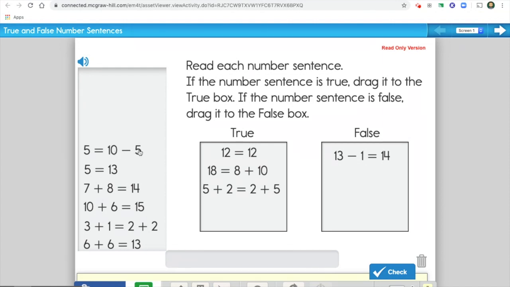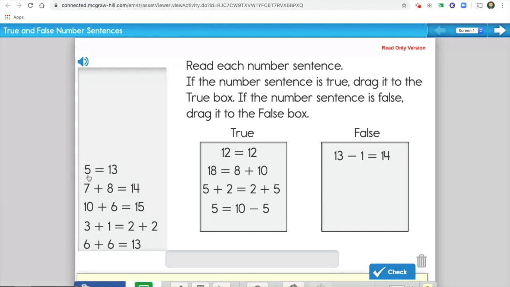Oh, 10 minus 5, I know some doubles that can help me with that. 5 plus 5 is 10, so 10 minus 5 is 5. That is also true.